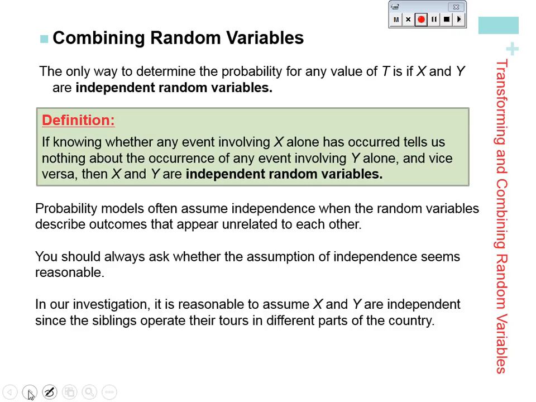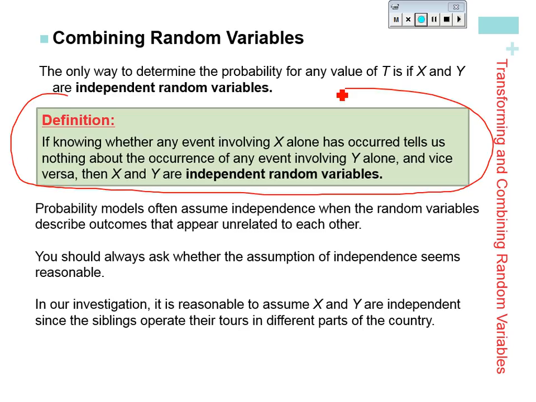A key thing to keep in mind when we're talking about spread is this definition. If knowing whether any event involving X alone has occurred tells us nothing about the occurrence of any event involving Y alone, then we say that X and Y are independent random variables.